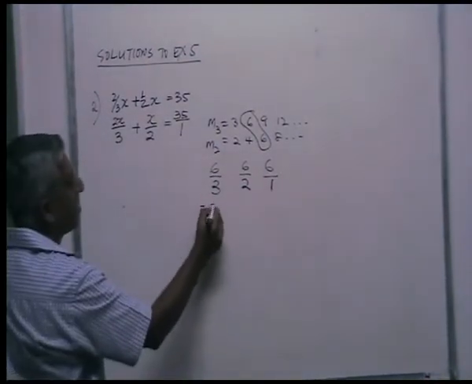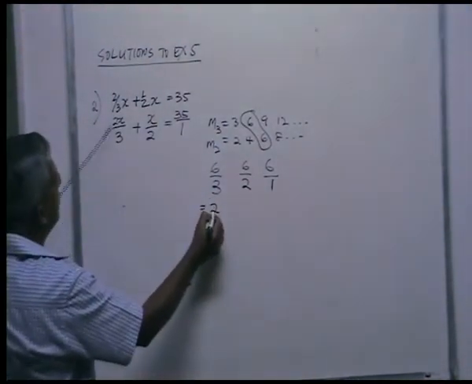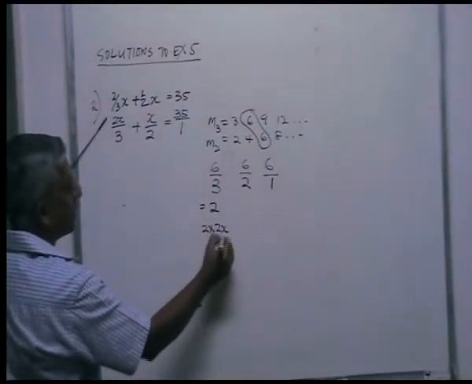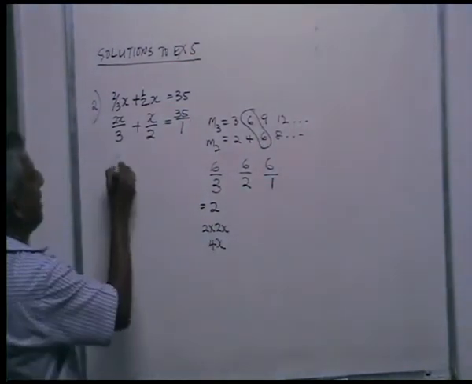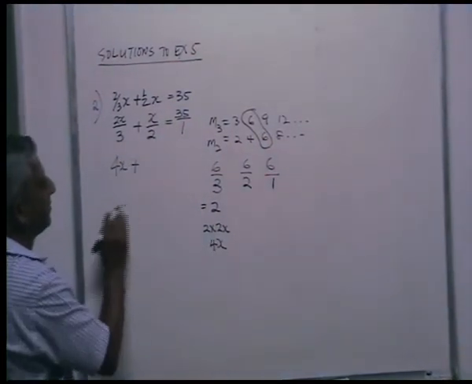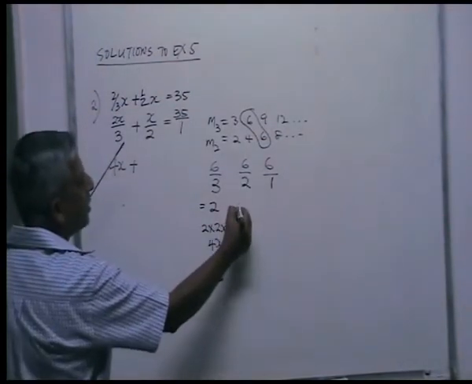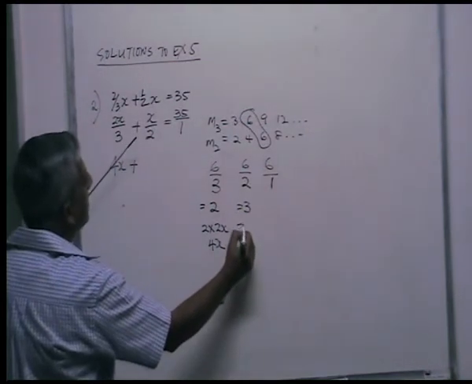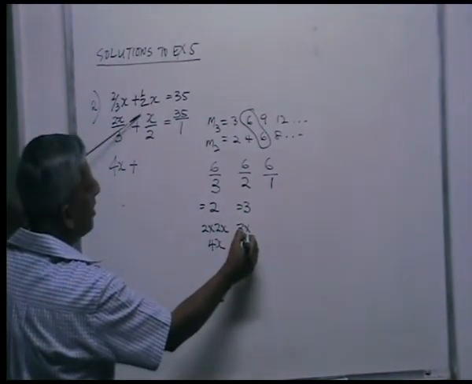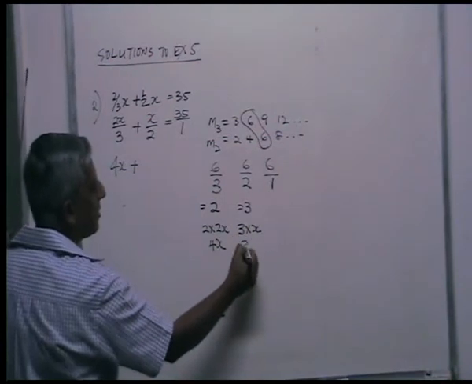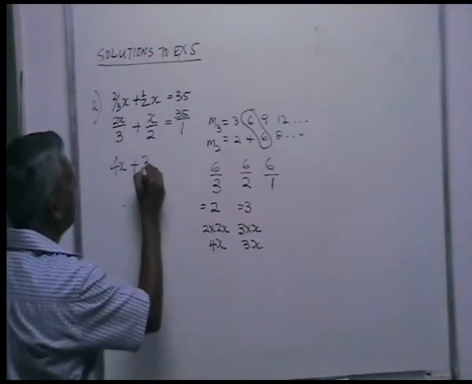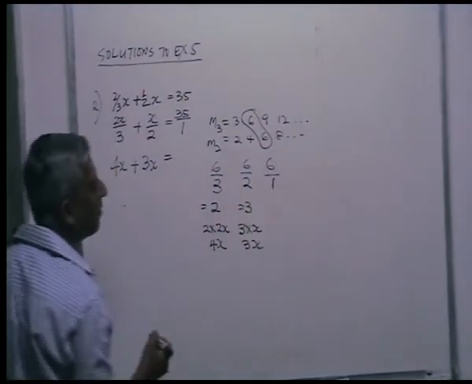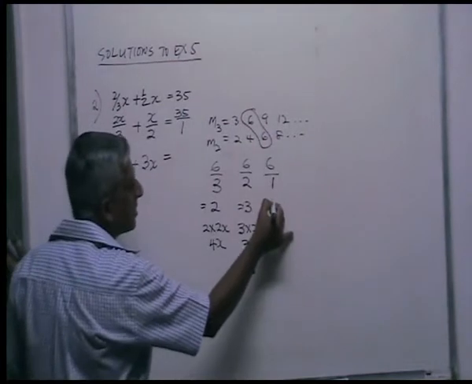Now 6 divided by 3 is 2. 2 times the number on top here, 2x, gives you 4x. So here you got 4x plus. 6 divided by 2 gives you 3. This 3 will be multiplied by the number on top there. 3 times x gives you 3x. So we write down 3x over there is equal to. And the last time, 6 divided by 1 is 6.